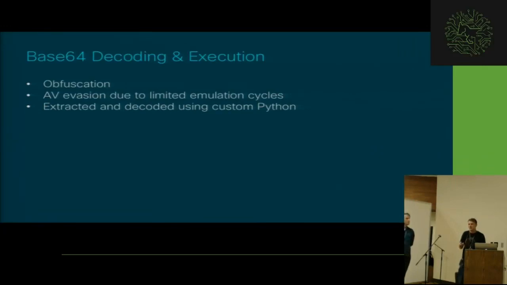I'm assuming this is to avoid any antivirus emulation that will be attempting to emulate this JavaScript, because they'll only do a certain amount of iterations, otherwise you're going to kill the machine that you're running your AV on. So we basically just built a custom Python script that would extract and automatically decode all these base64 blobs, and then in the end we ended up with almost 40 some odd JavaScript files for a single document.